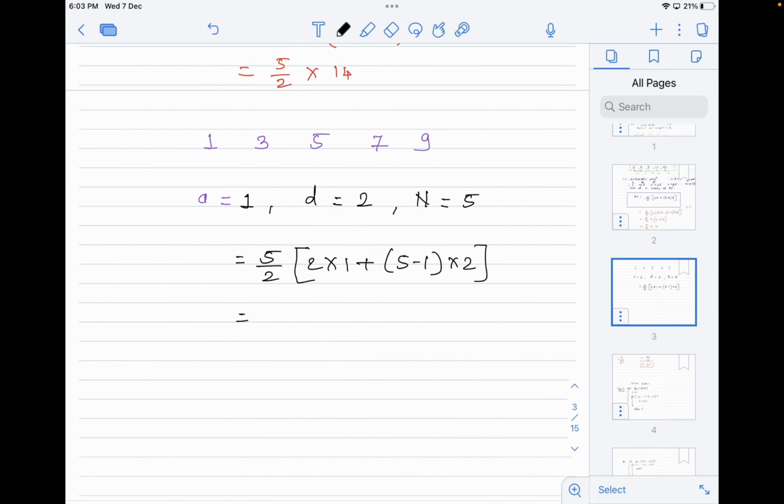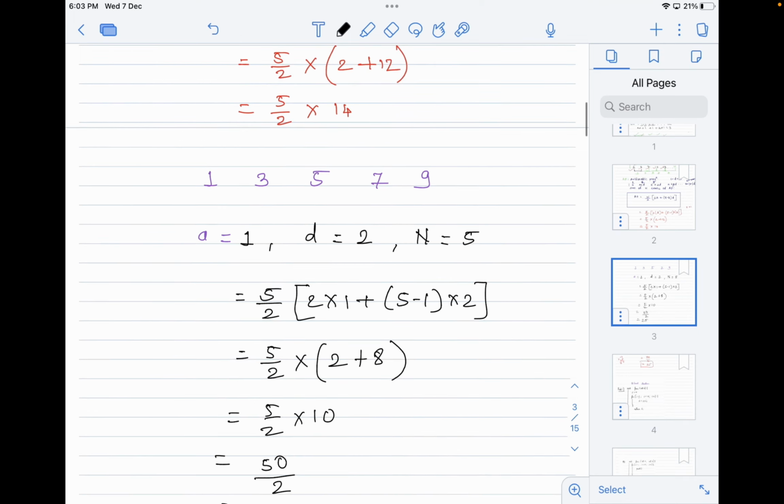Let's solve this. 5 divided by 2 into 2 plus 8, so 5 divided by 2 into 10 is 50 divided by 2, which equals 25. Let's take a count: 1 and 3 is 4, 4 and 5 is 9, 9 and 7 is 16, and 16 plus 9 is 25.